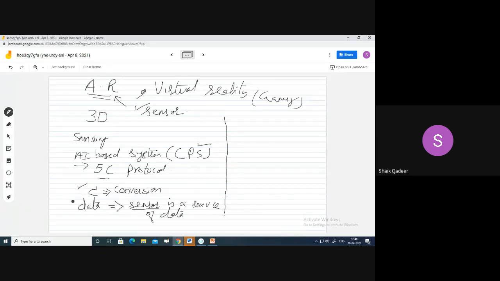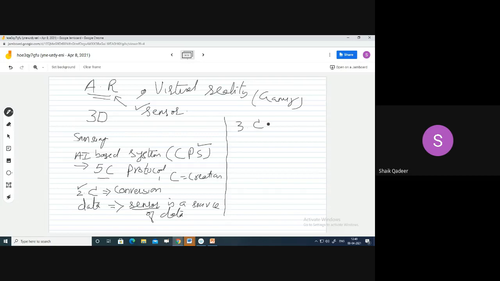Conversion is nothing but sensing the data from the physical world and converting it into a value which can be processed. Hope you all understand. Okay, first is actually creation. Second one, conversion.